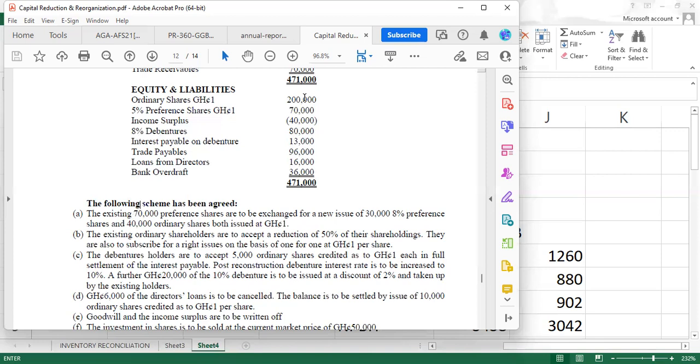If you are accepting a 50% reduction, it's reducing to 100,000. So what will happen to the 100,000? Is that going to be a gain or loss? It's going to be a loss. Are you sure? It's a gain. For the company, it's a gain.